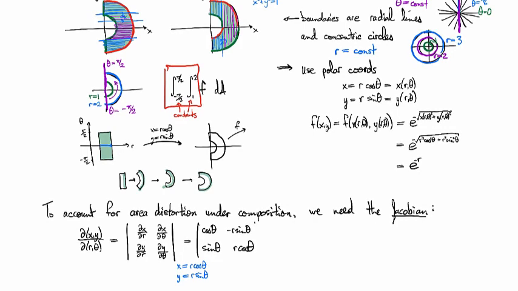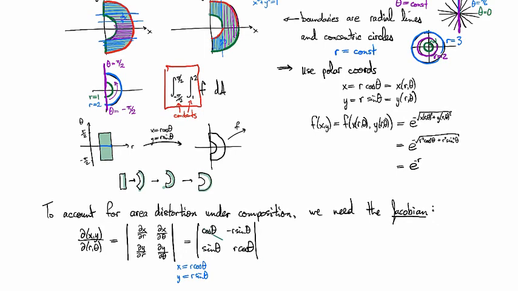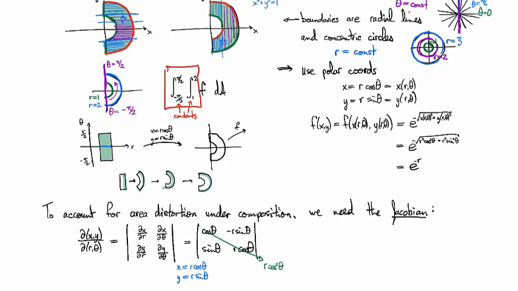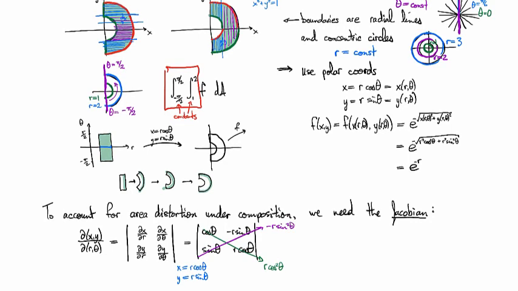Now we need to take the determinant. The first term is the product of these ones, r cosine squared theta. And the second term is the product of the off-diagonal terms, which is minus r sine squared theta. And you subtract the purple from the green.